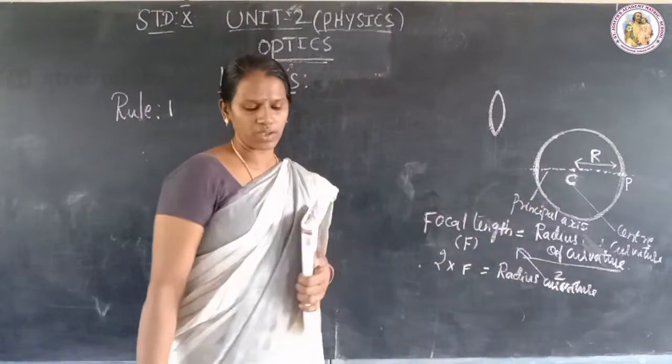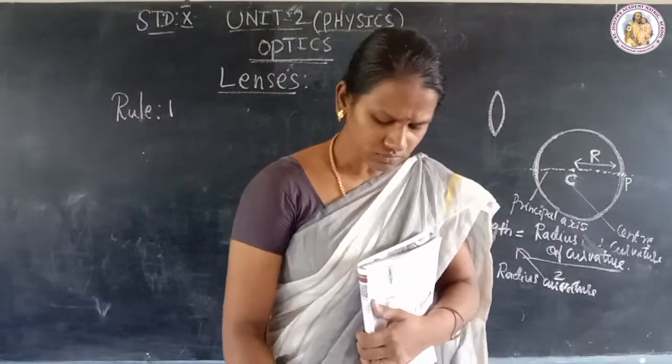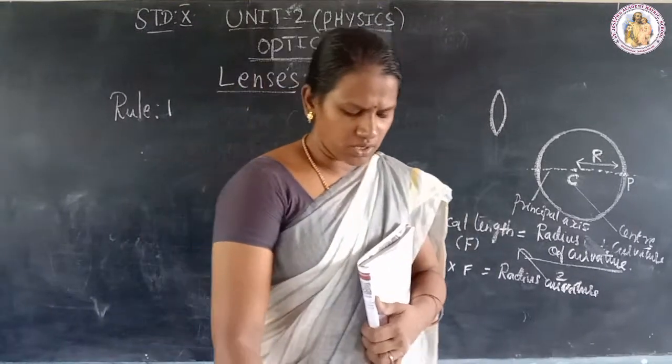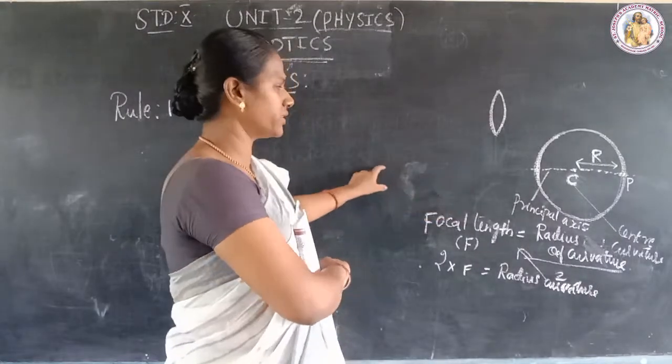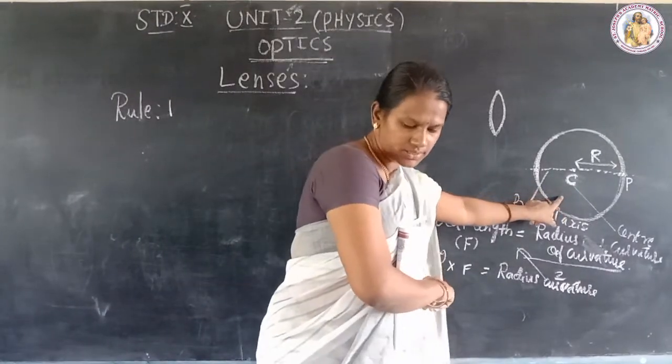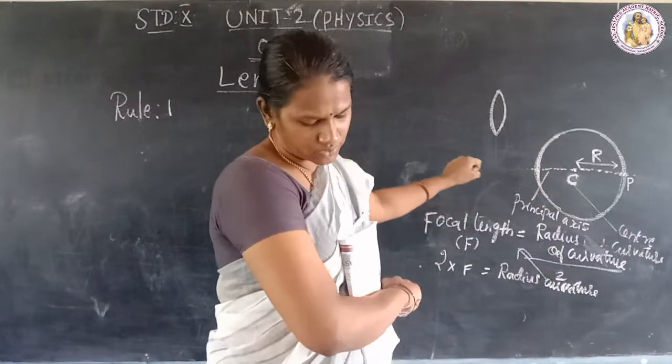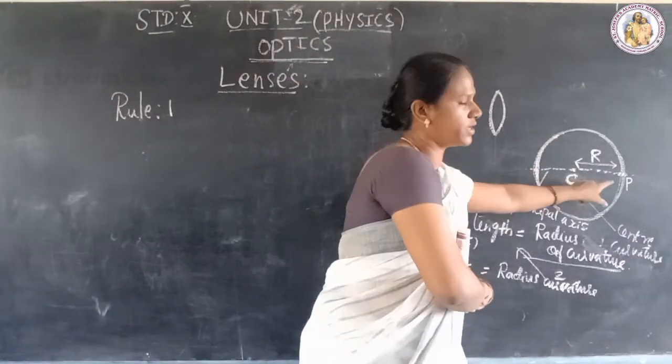So what are the terms followed in the spherical mirror? The first one is the center of curvature, that means C. C is the center of the sphere from which the mirror is made.